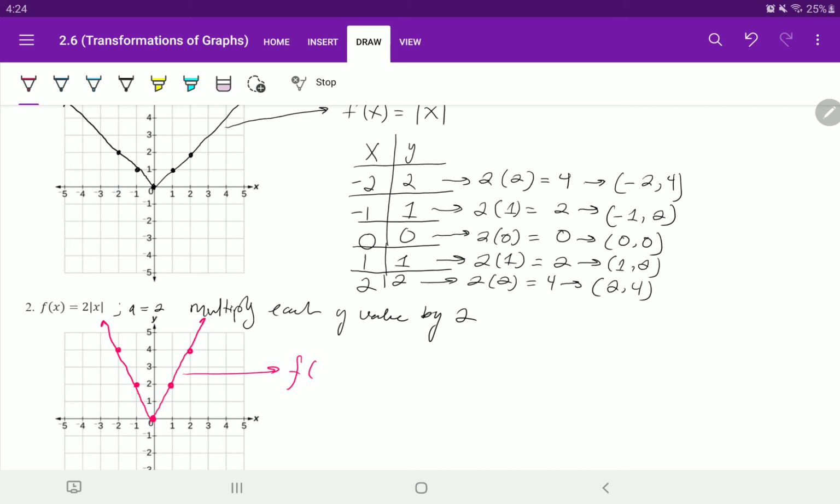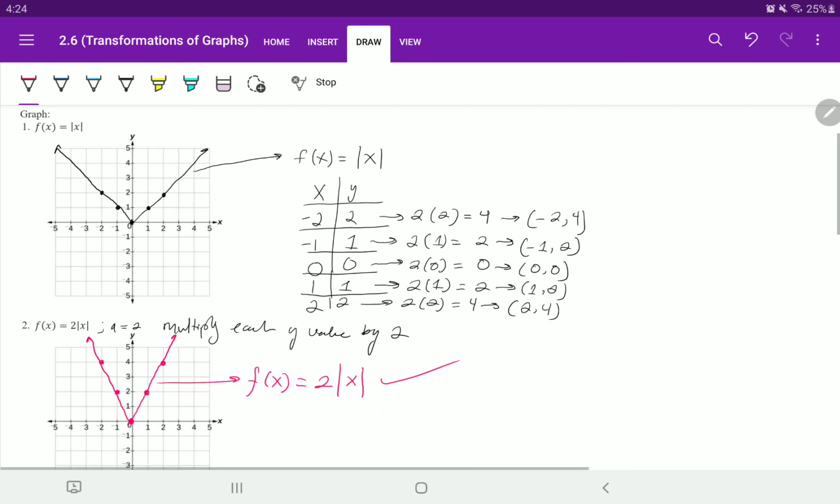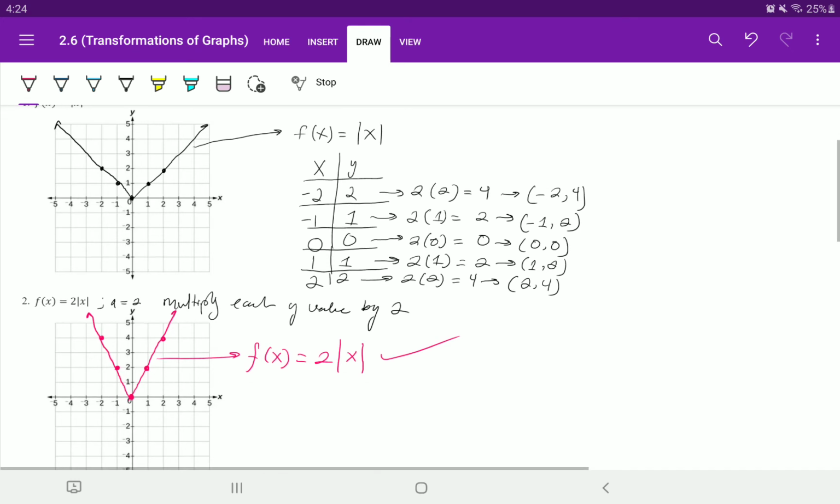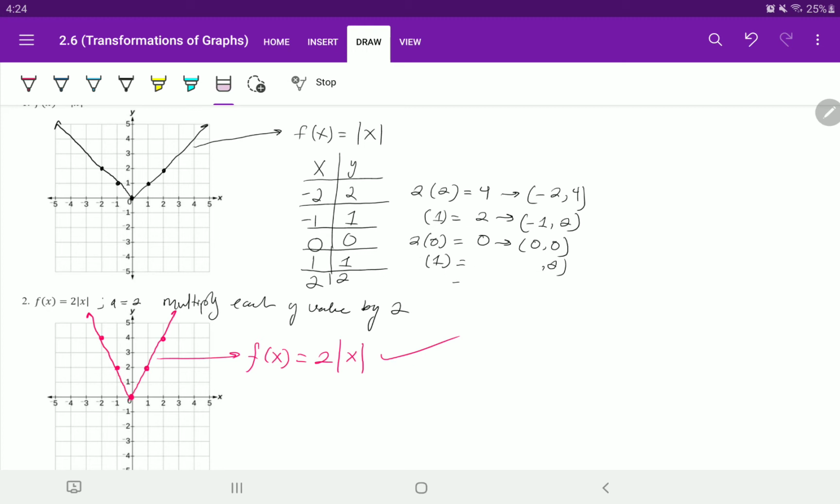This is f of x equals 2 times the absolute value of x. Okay, I'm going to reset this, because we're going to graph one more.